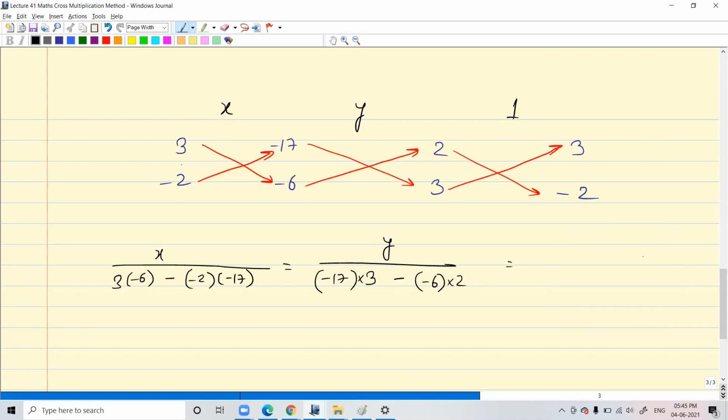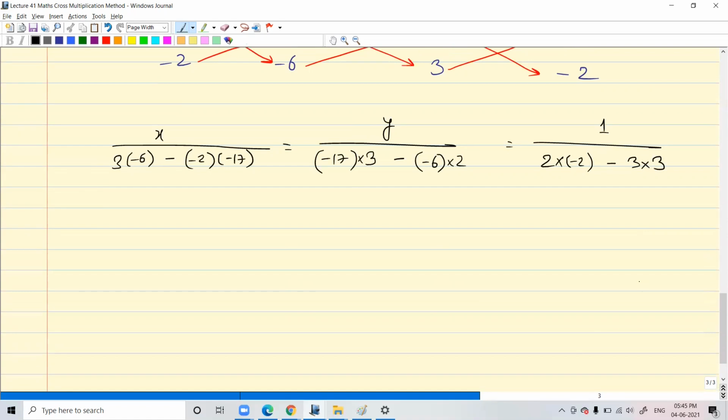What should I write here? Who can tell me? Okay, good. So what you can do here itself, simplify. Write it as x by, simplify it and tell me what is it? 3 into minus 6 will become minus 18.